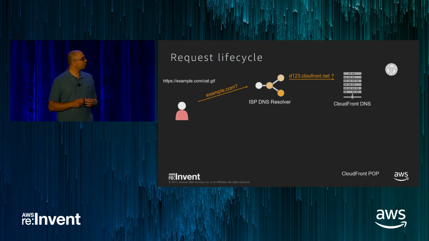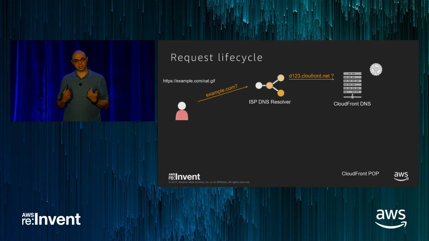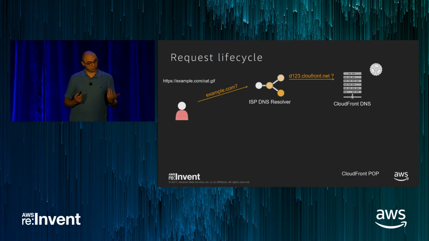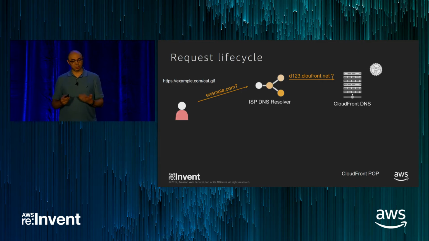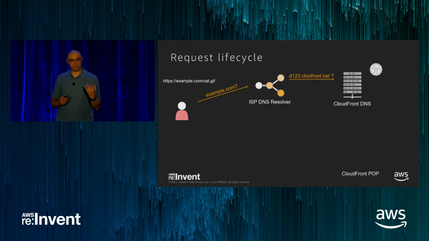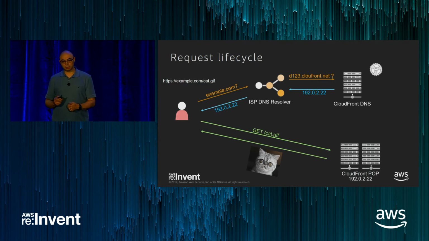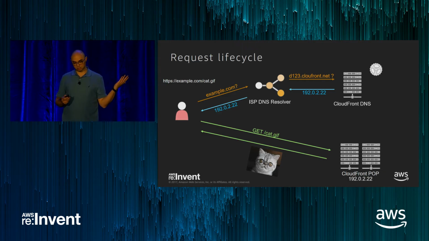This ISP resolver will eventually find our own DNS server, and is going to ask, distribution.cloudfront.net, what's the IP address for that? The CloudFront DNS system is going to take this information, the distribution name and the resolver, process it, and come out with an IP address. We're going to give that back to the user, who then connects to our POP and gets his ugly cat.